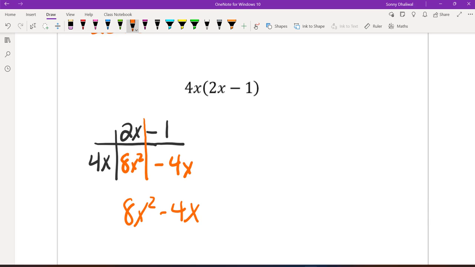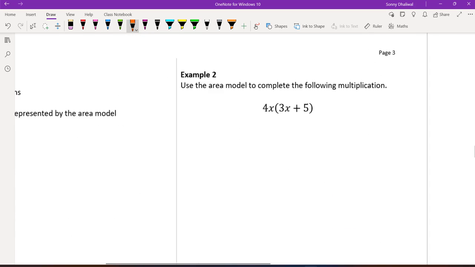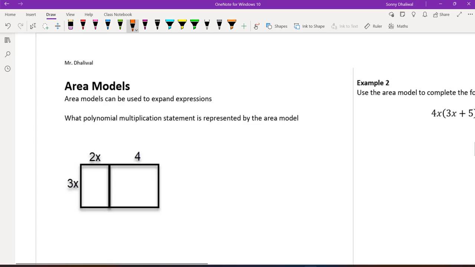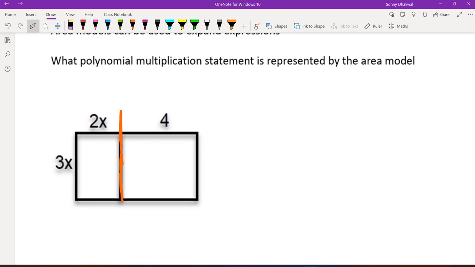Okay. All right. Now, suppose I gave you this area model, and I asked you what was the original multiplication it came from.